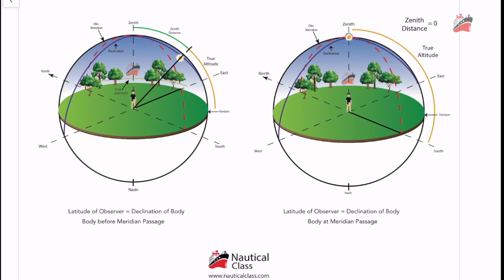In the first diagram, the body is before the meridian passage, and hence the green denotes zenith distance and the orange denotes the true altitude, that is a few hours after sunrise. The next diagram is the body at meridian passage, where the body is at the zenith, that is vertically on top of the observer. I again request you to pause the video and carefully understand these diagrams.